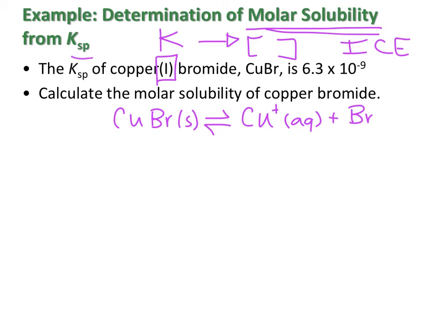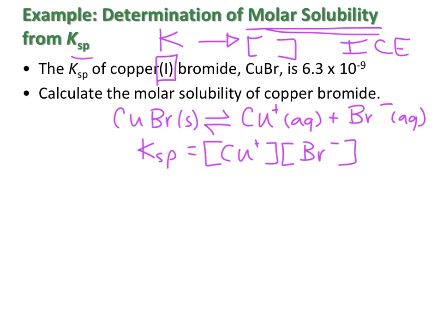And then bromide is a halogen which typically forms a charge of -1. So there we have our overall dissolution equation. Now what we can also do is write our Ksp expression. So it'll be your ions, and here everything's 1 to 1, so you don't have to raise anything. And there you go, you got that done.